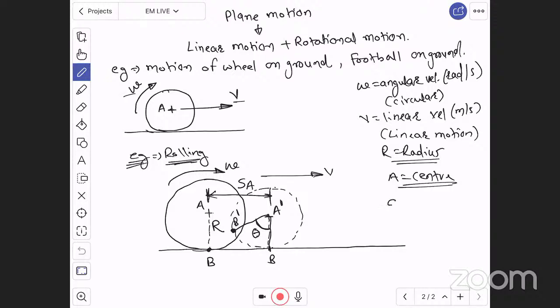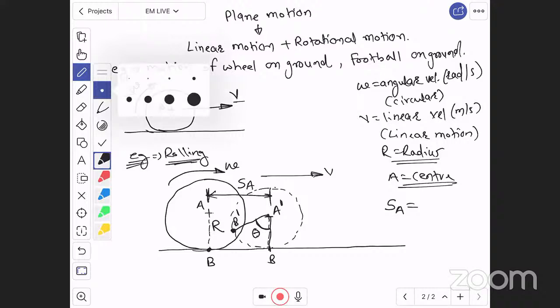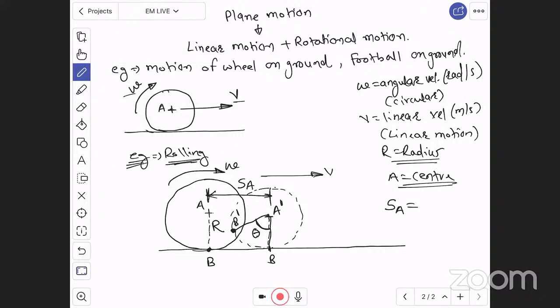The linear displacement of A, SA, is equal to, okay, I will increase the font. The linear displacement of A is given by R theta. This is linear displacement of center point, right? That we have already learned.